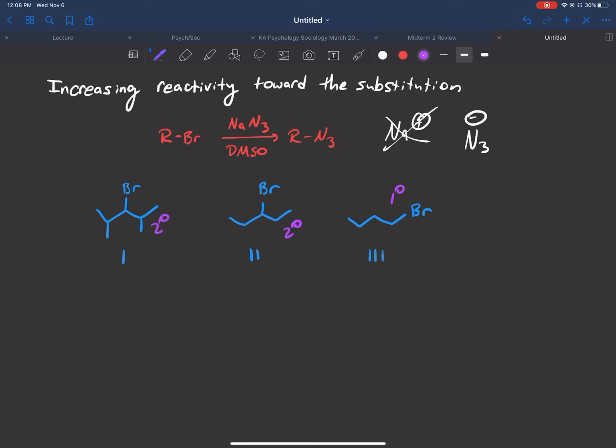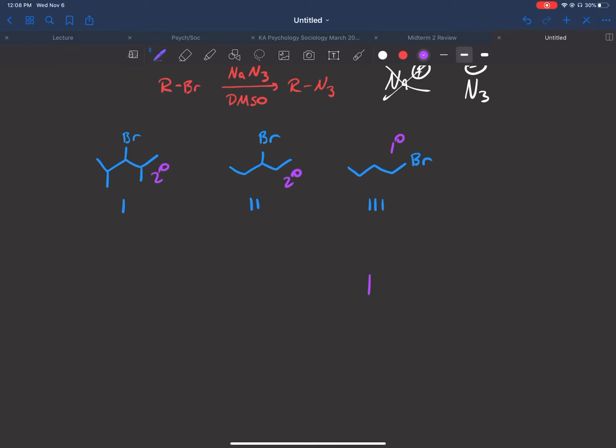Primary is better than secondary, and we don't have a tertiary here. So we know that that's probably going to be the most reactive, so we should just put 3 last. We have 2 spots to fill in.